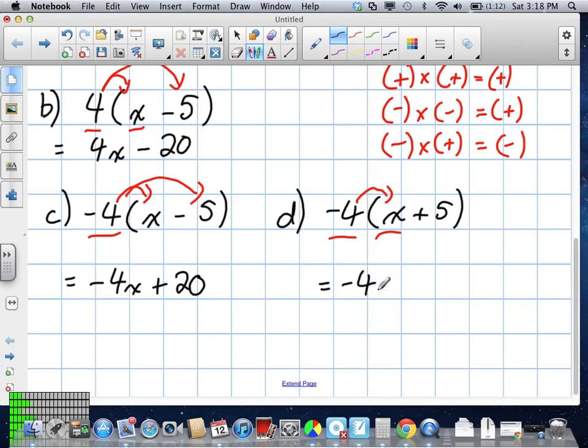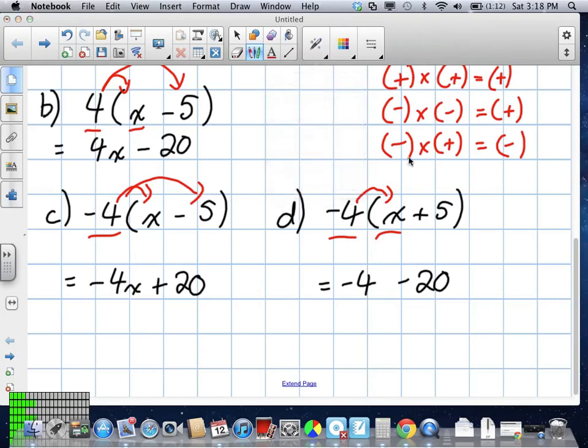And then just 20, right? So then, is this the answer? No, negative 20. Why negative? Because a negative and a positive equals a negative. Yep, that's right. Good.